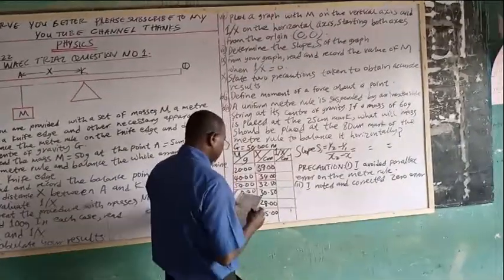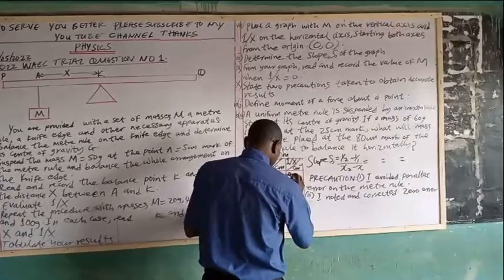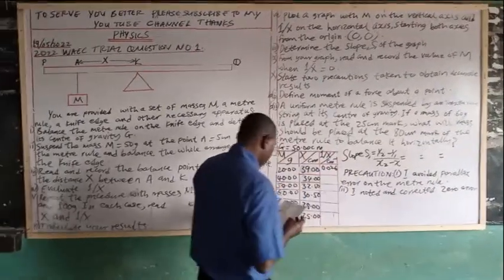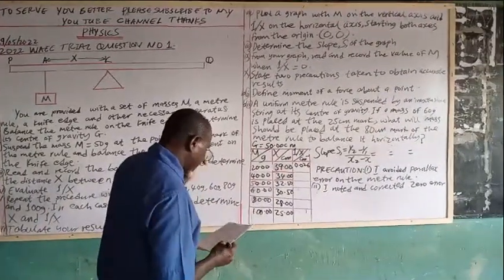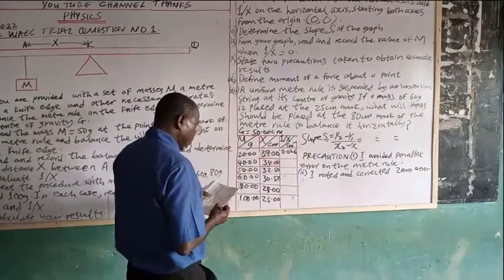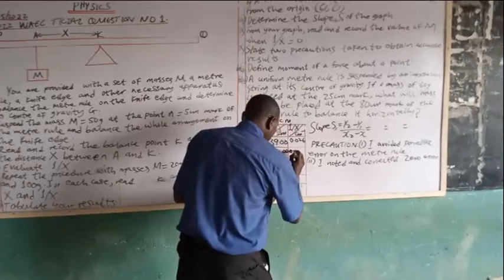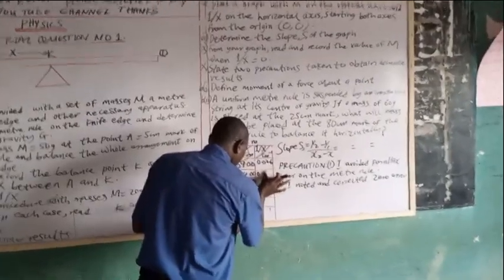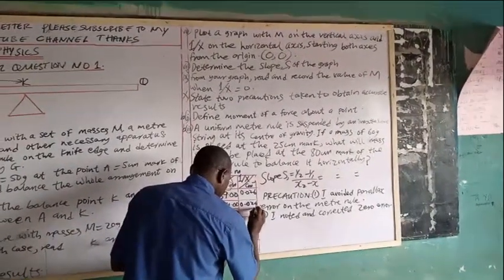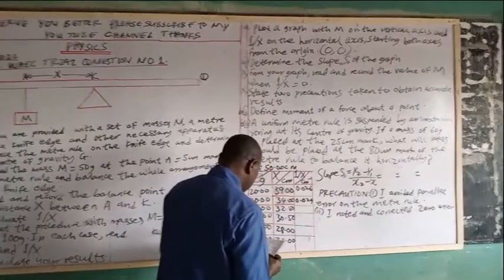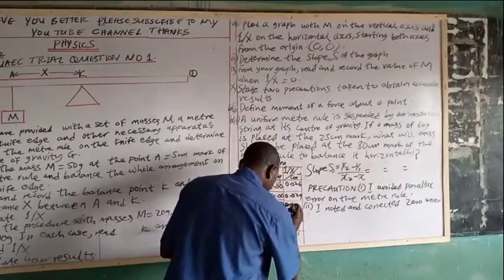Now, the inverse 1/x of 39 is 0.026. The inverse of 34 is 0.029. The inverse of 30.5 is 0.031.